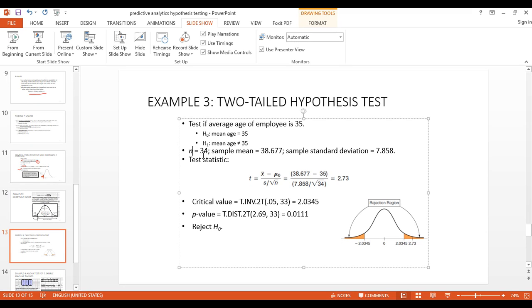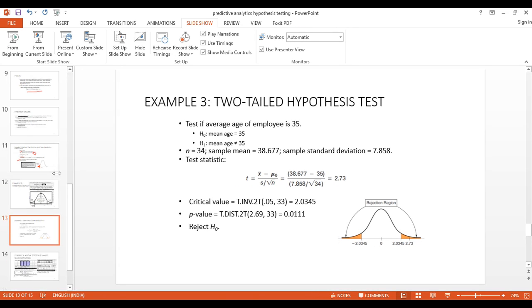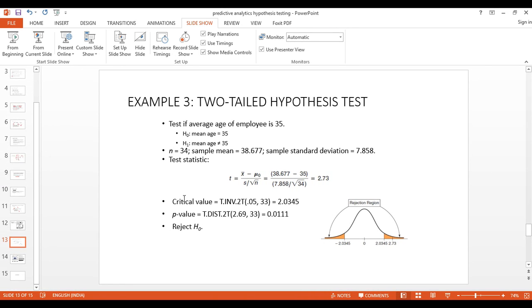So how to calculate t? I am just showing you how to calculate t. The t statistic is calculated by x mean minus mu 0, divided by the standard deviation divided by the square root of the sample size. So the sample mean is coming out to be 38.677, and we are looking at the population mean, which is mu 0.